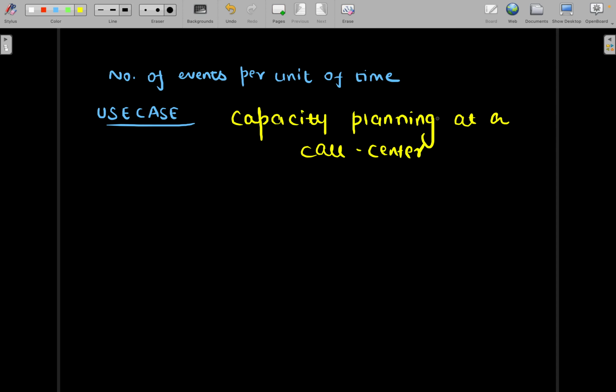At any call center, we need call center representatives to receive the customer calls.